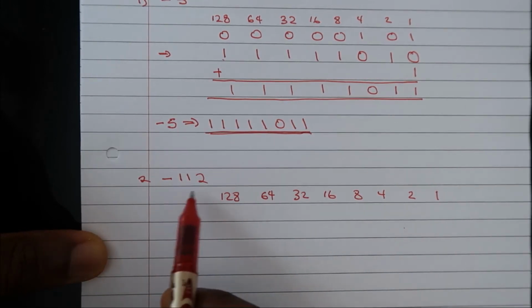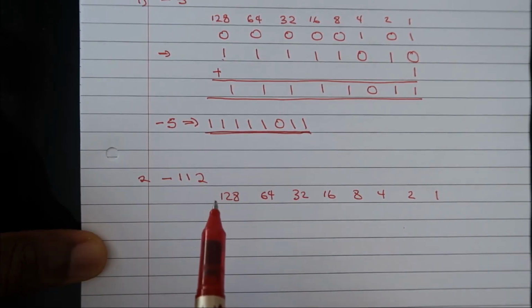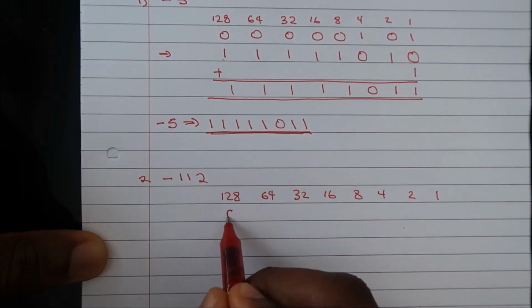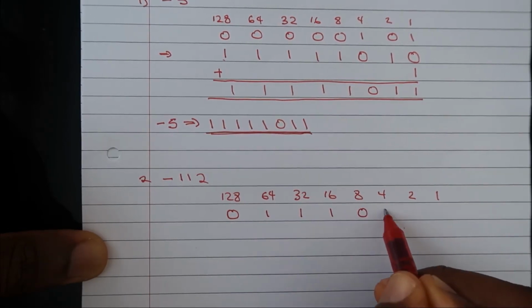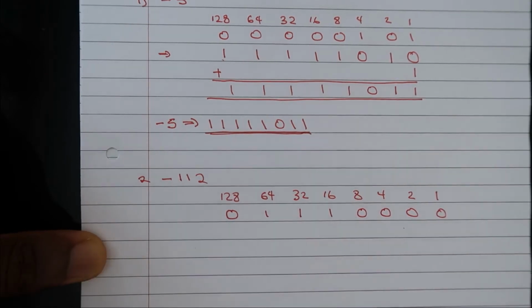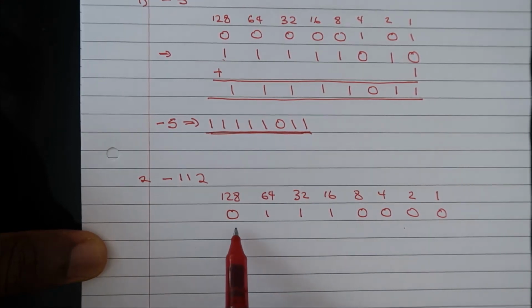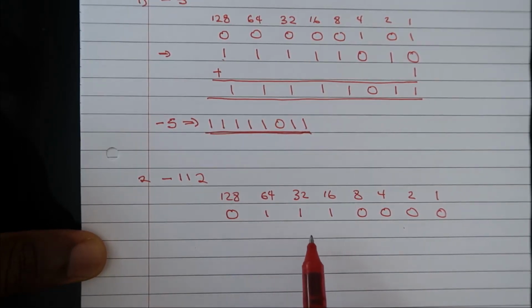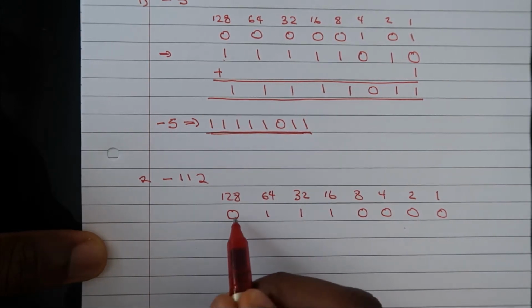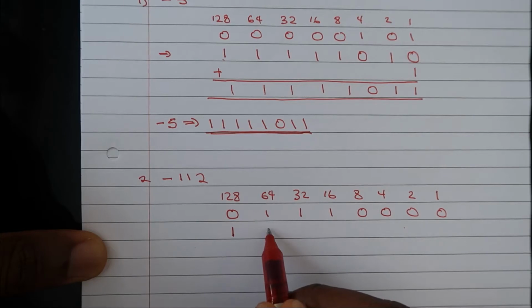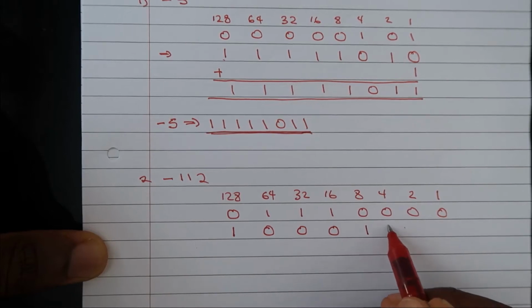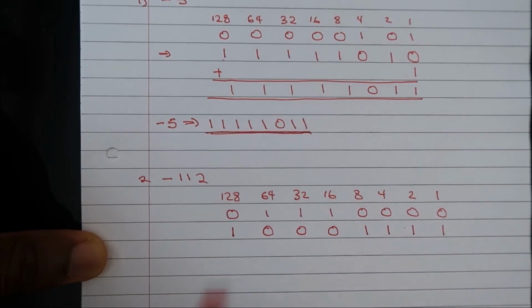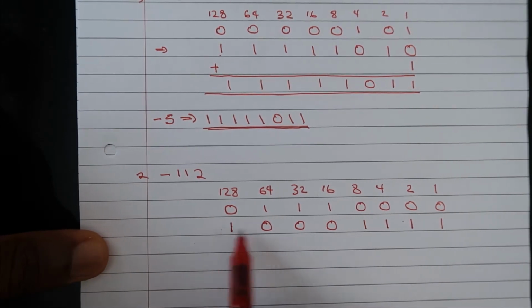So 112 in binary will be 0, 1, 1, 1, 0, 0, 0, 0. Step 2, we flip our zeros to ones and our ones to zeros. So this becomes 1, 0, 0, 0, 1, 1, 1, 1. And the third step is to add 1 to this result.